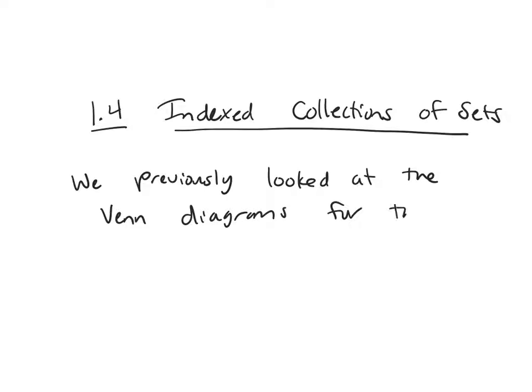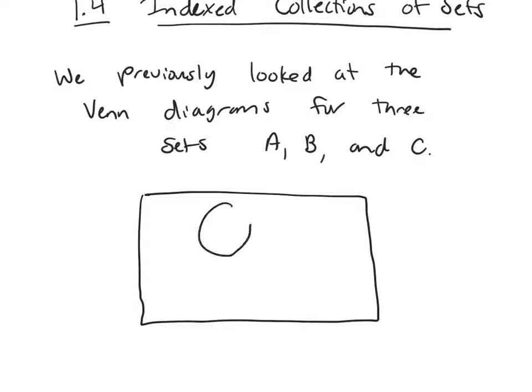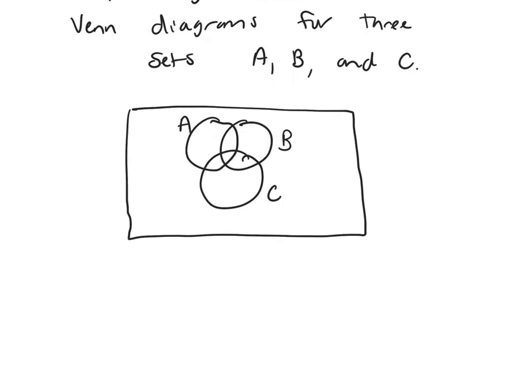For three sets, A, B, and C, I'll draw the Venn diagram here. We had three circles, one for the set A, one for the set B, and one for the set C. And then we can talk about operations on these sets.